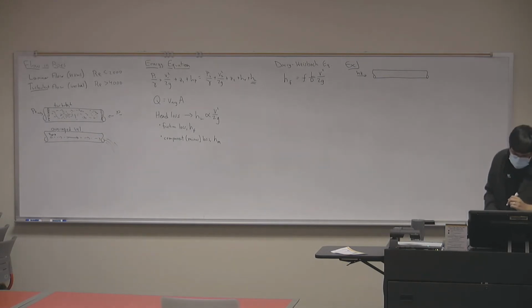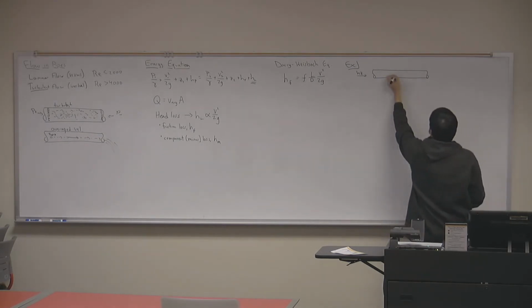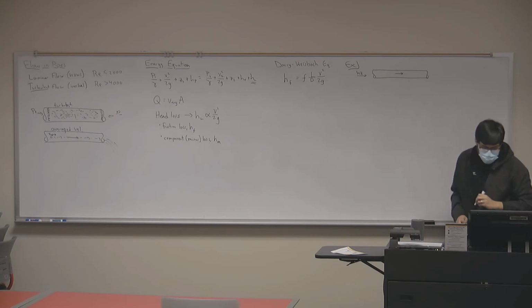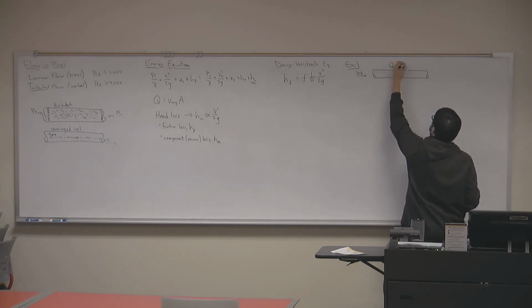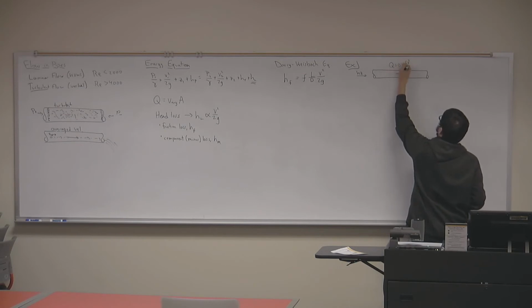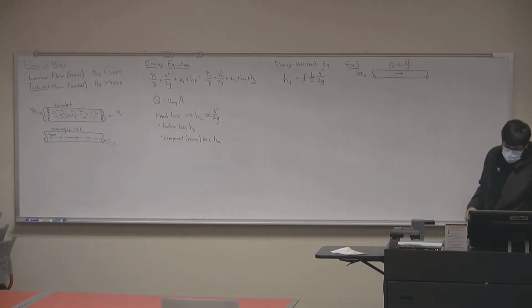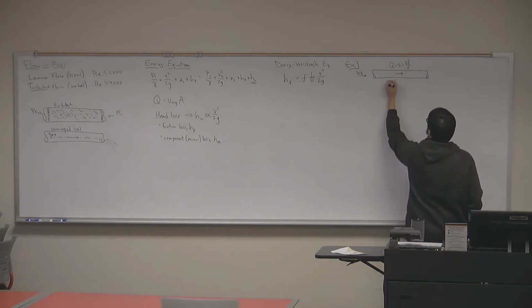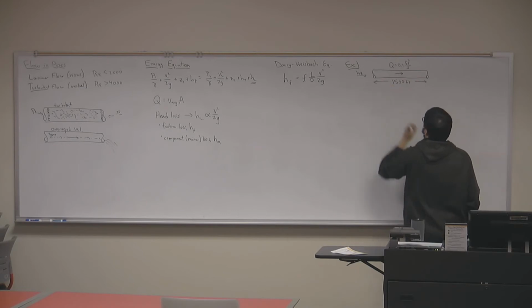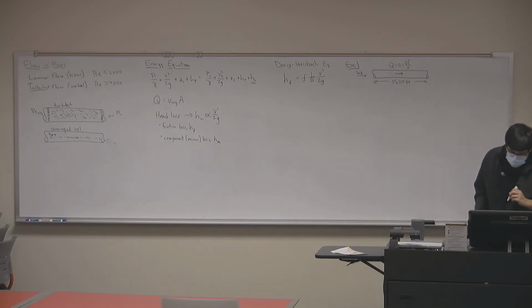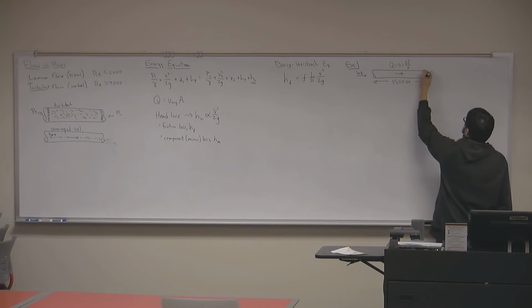And let's say that we have a flow rate of 0.1 cubic feet per second traveling throughout the pipe. The pipe has a length of 1,500 feet, very long pipe, and a diameter of 1.5 inches.